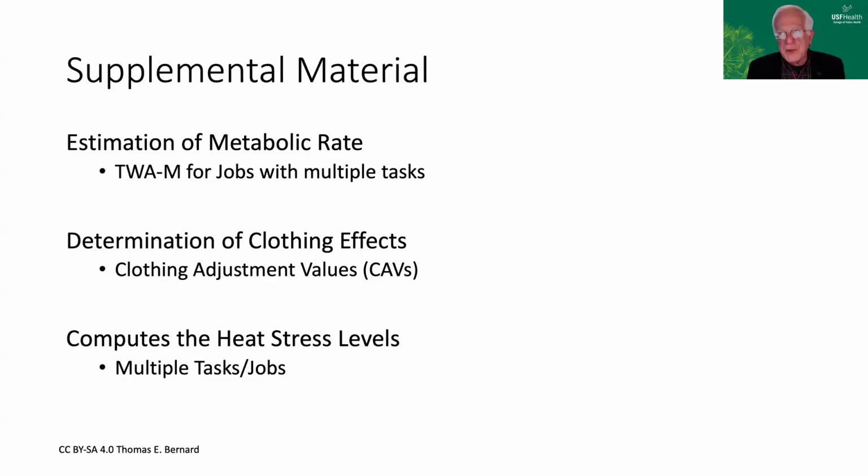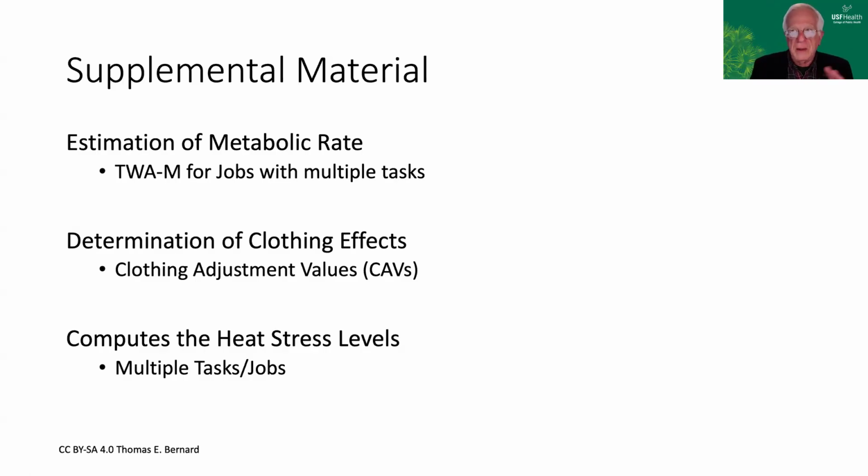The supplemental material, which I get into in the more detailed discussion, really provides methods of estimating metabolic rate and the time-weighted average if there are multiple tasks. And I always encourage a task analysis. Determine the effects of clothing, and then compute the heat stress level for multiple jobs.